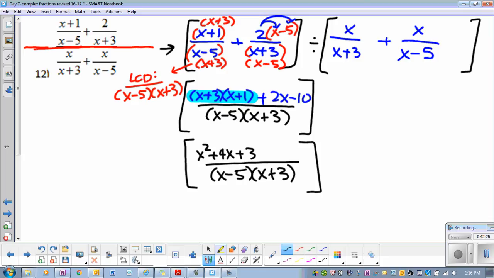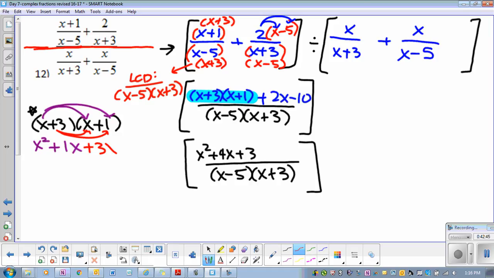Sidebar over here, x plus 3 times x plus 1. Distribute: x squared plus 1x, plus 3x plus 3. Because you have two binomials multiplying each other. Combine like terms, you have x squared plus 4x plus 3. Then add the constant: plus 2x minus 10.